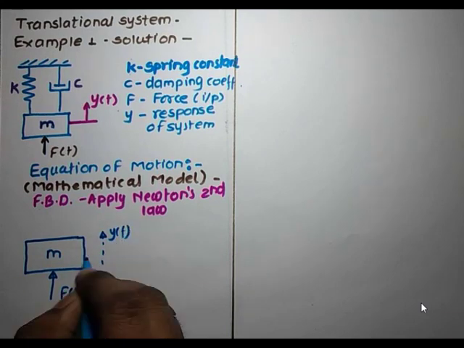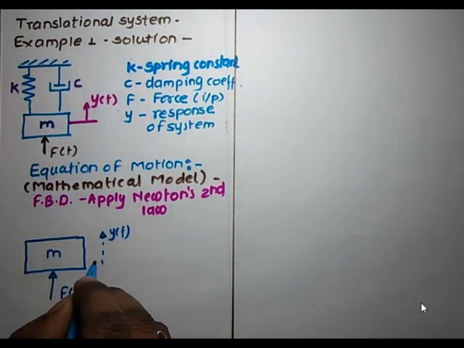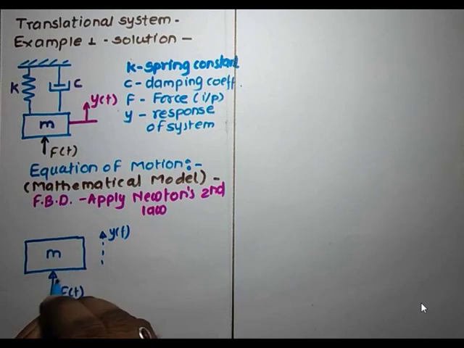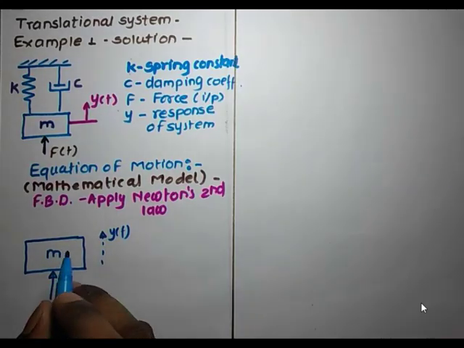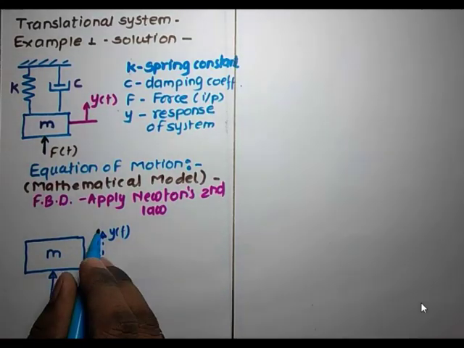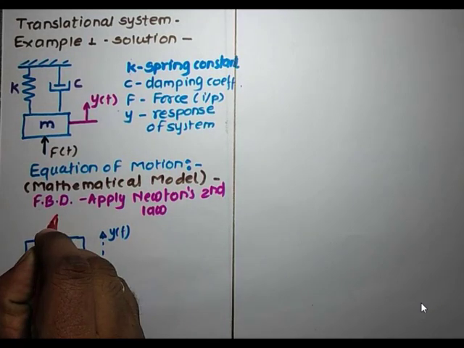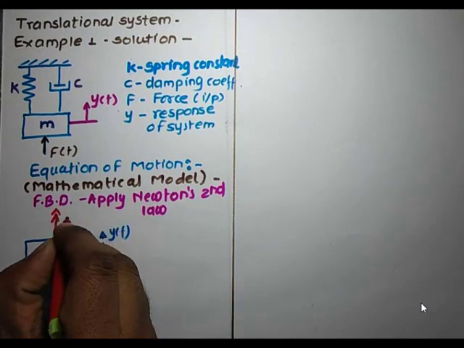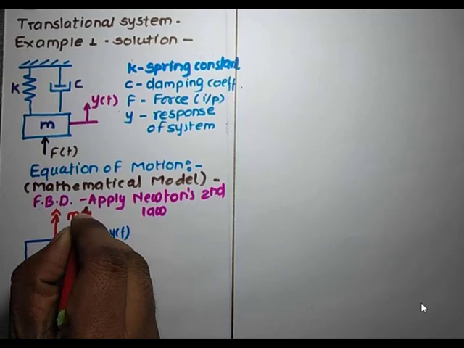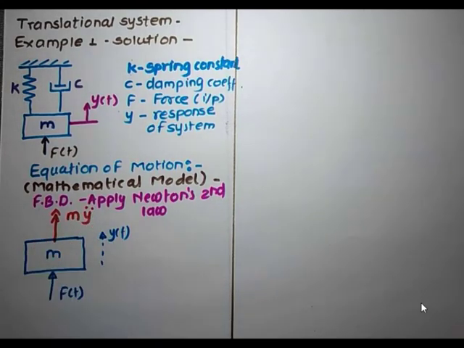The response is momentarily upward. With this assumption, we are trying to understand the different forces exerted apart from F(t). Now since the mass is moving upward with y(t), the accelerating force is acting on the system. That accelerating force must be equal to m y double dot, mass into acceleration.